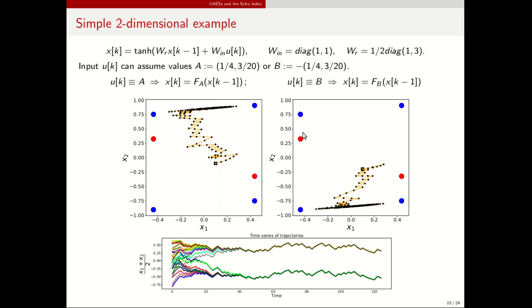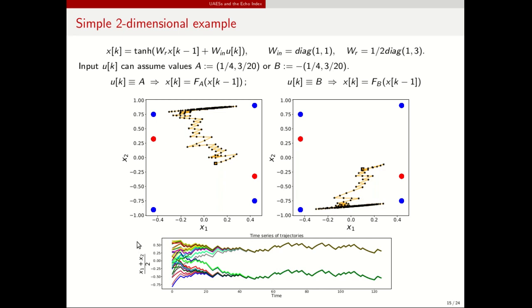And the same can be applied in this rectangular region here, and so we get that inside here there is another uniformly attracting entire solution. And this holds for every input sequence of values A and B.